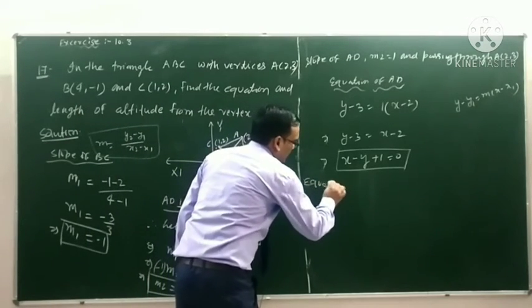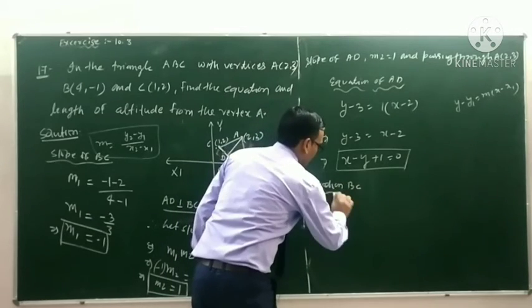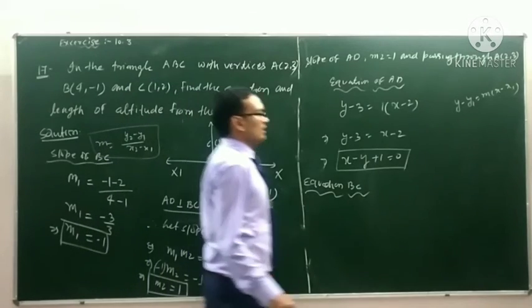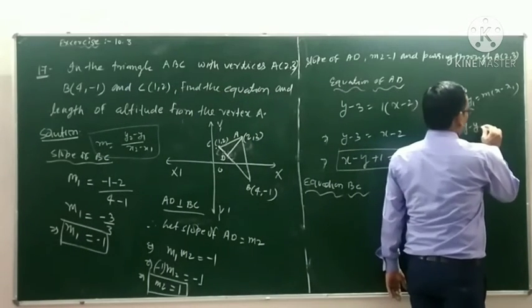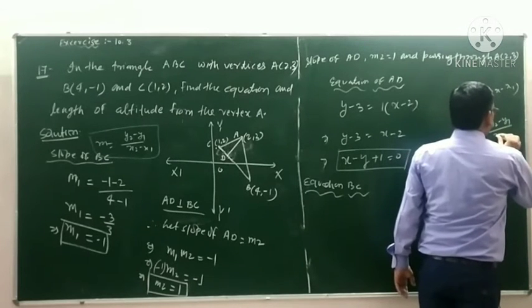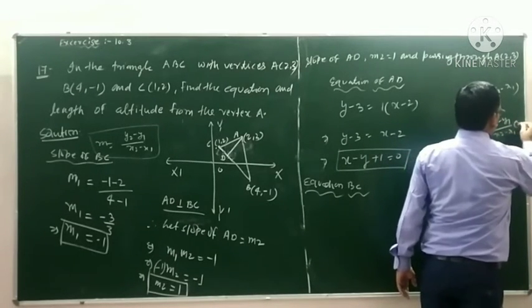Equation of BC using the formula y minus y1 equal to y2 minus y1 upon x2 minus x1 into x minus x1.